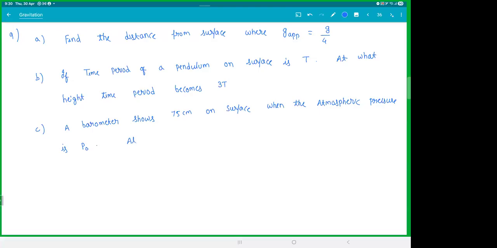Right? At height 3R, so if you take this barometer to a height 3R, it shows 90 centimeters. Find the pressure at that point.